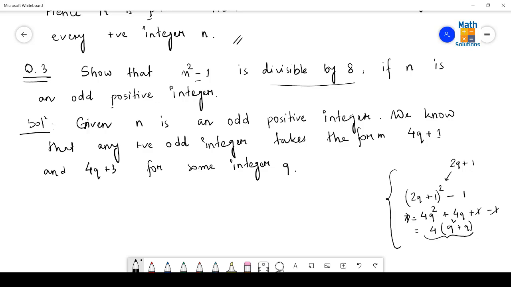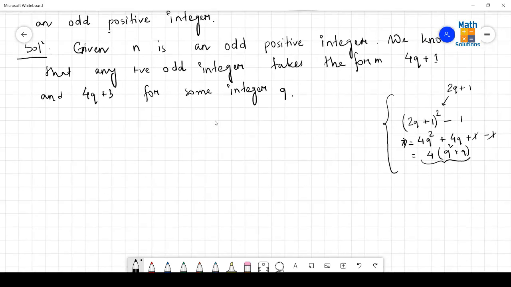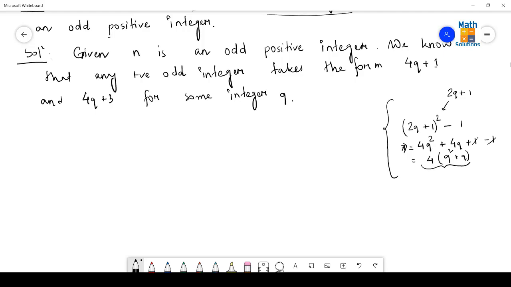So coming to the later part, two cases again will arise here. That is, 4q plus 1 and 4q plus 3. So case 1, when n is equal to 4q plus 1, we shall get n square minus 1 is equal to 4q plus 1 whole square.